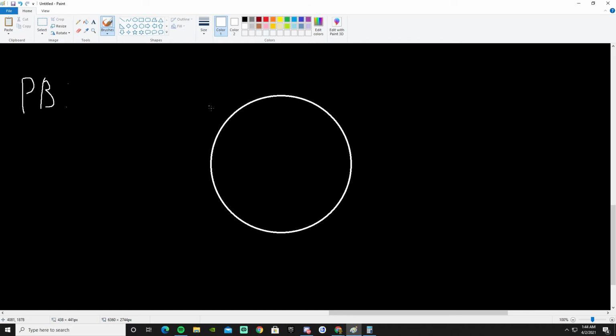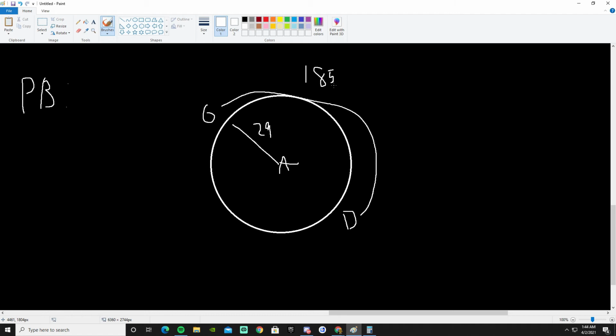So this one's asking, if GA, which is this, was equal to 29, and the major arc DG was equal to 185 degrees, determine this.